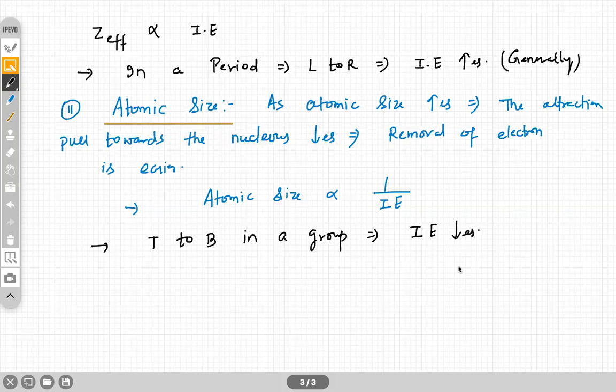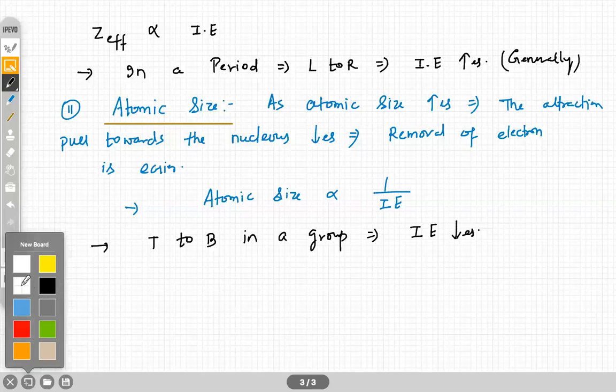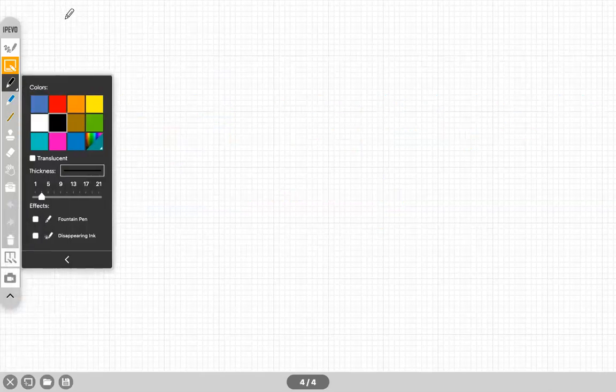The third one is the penetration effect. Third factor, you write down: penetration effect of orbitals.